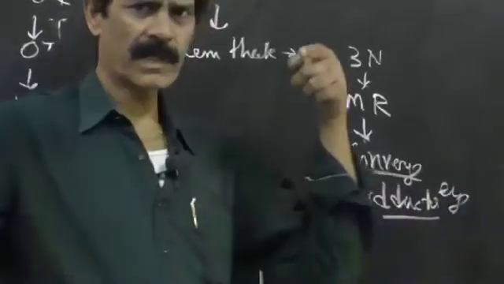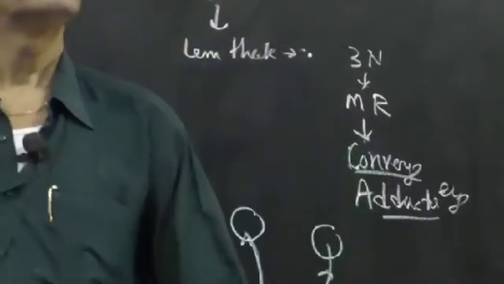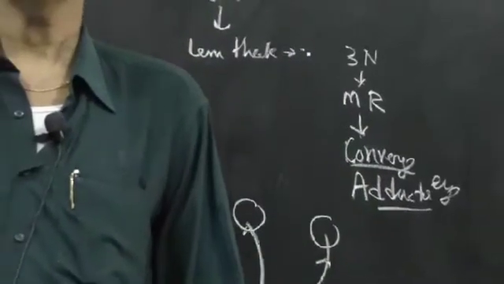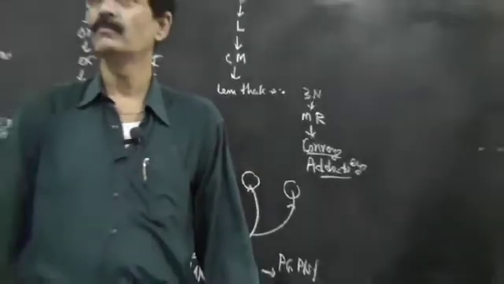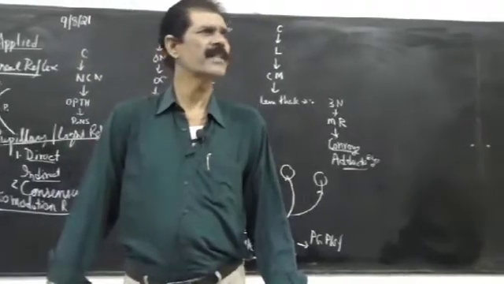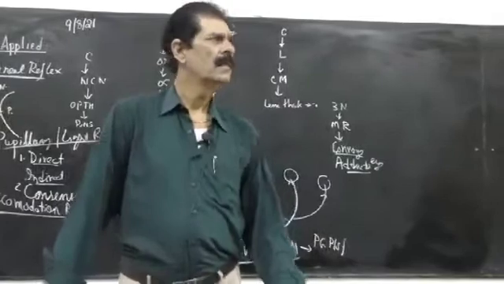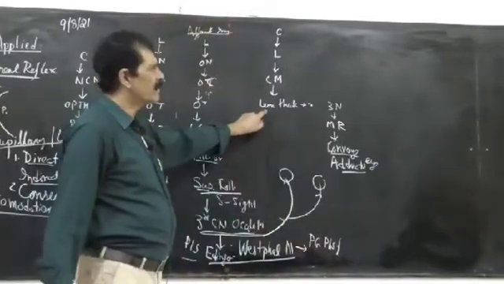So it is converging like this. So muscles, they are under the effect of the oculomotor nerve. So the same response or impulse which is reaching the lens or ciliary muscle.